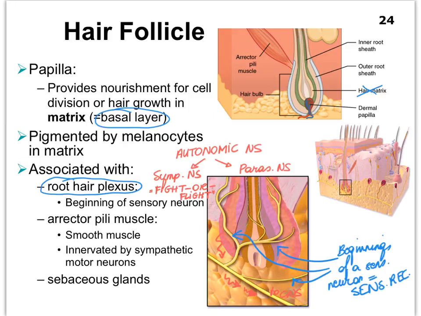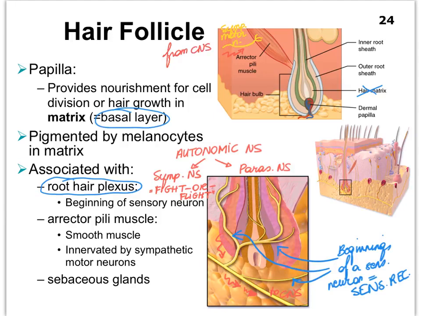So if I add the sympathetic motor neurons to my muscle cell, my smooth muscle cell, I'll do it like this. And this time, again, I'll call it a sympathetic motor neuron. This time, our electrical signals are traveling towards our little muscle from the CNS. Right?